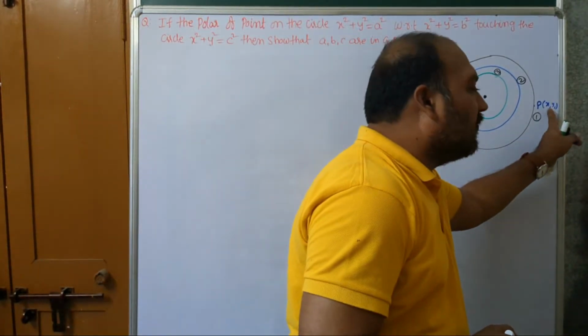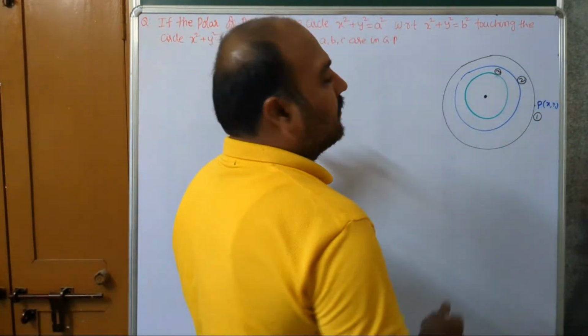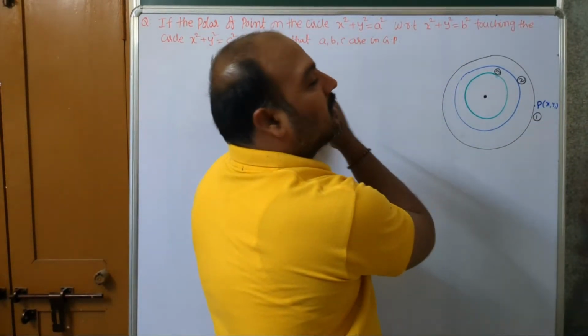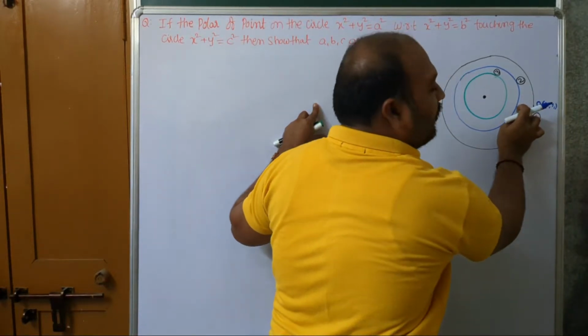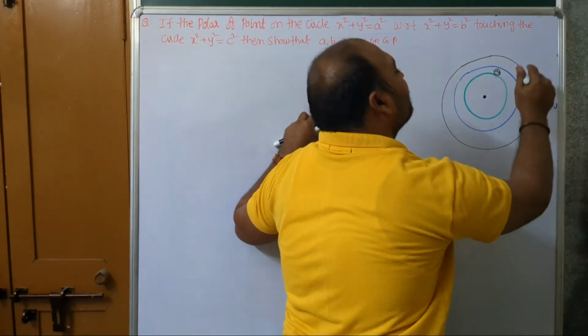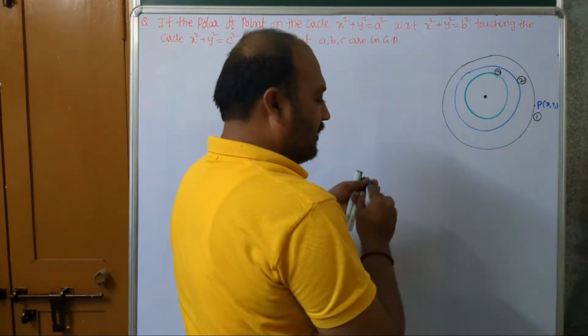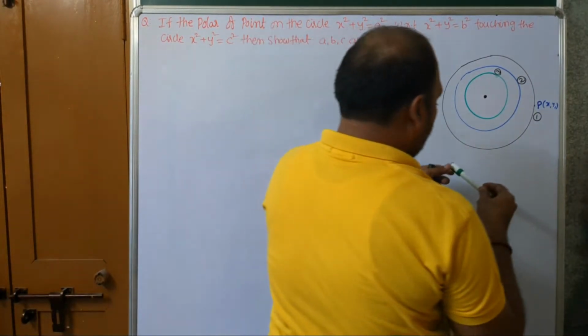Polar of P with respect to the second equation touches the third circle, like this one.